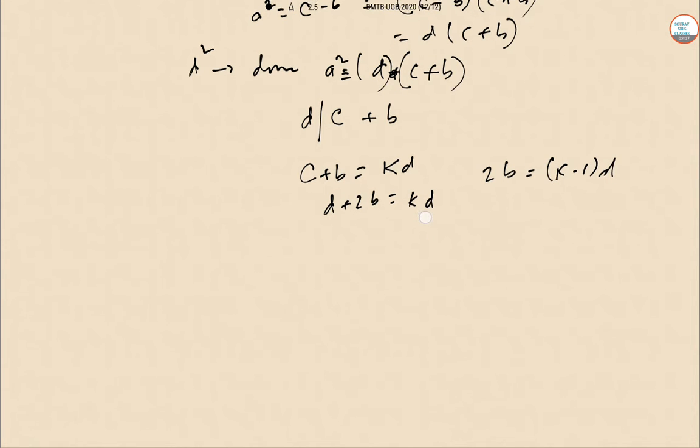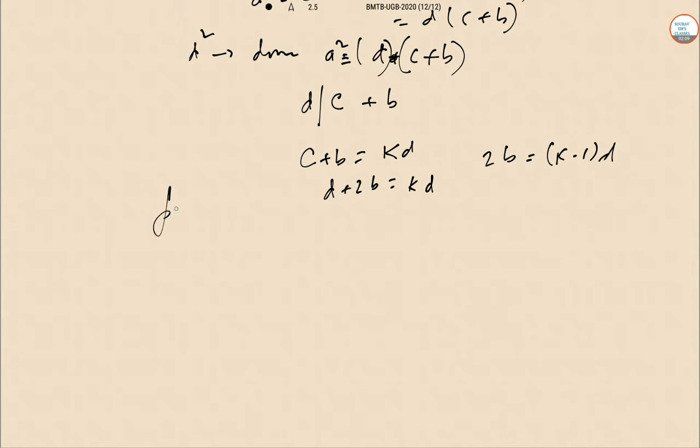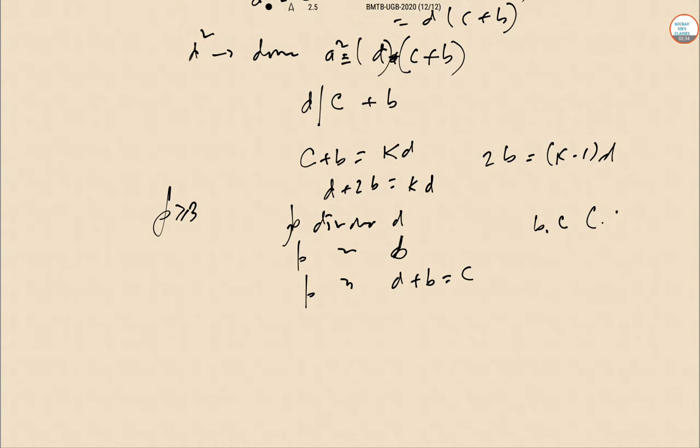Now let p greater than or equal to 3 be a prime factor of d. As a result, p divides d, p divides b, and consequently p divides d plus b, which equals c. But b and c are co-prime, so we get a contradiction.